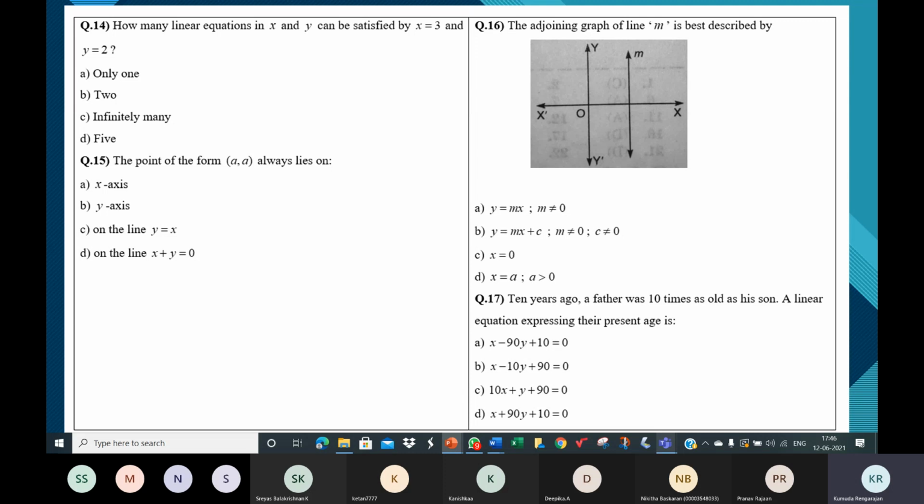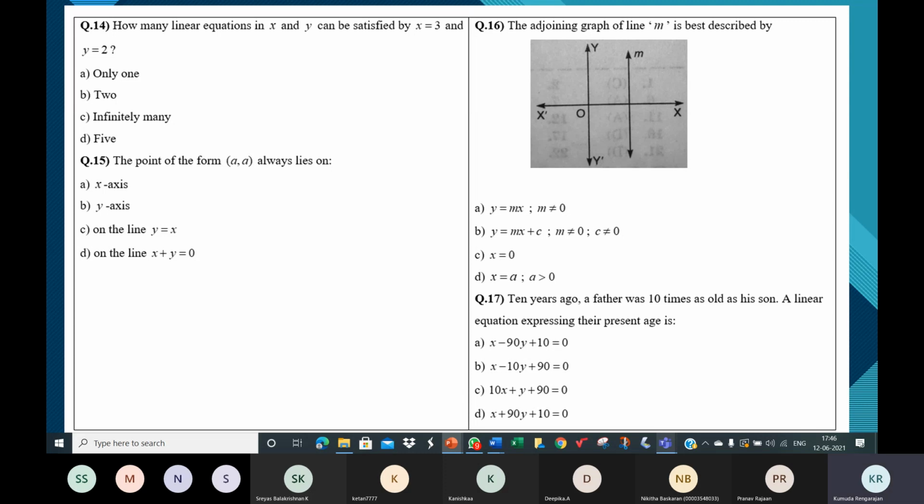Question number 17. Please work the equation. Now it's not given what to take as x and y. Okay. 10 years ago, a father was 10 times as old as his son.